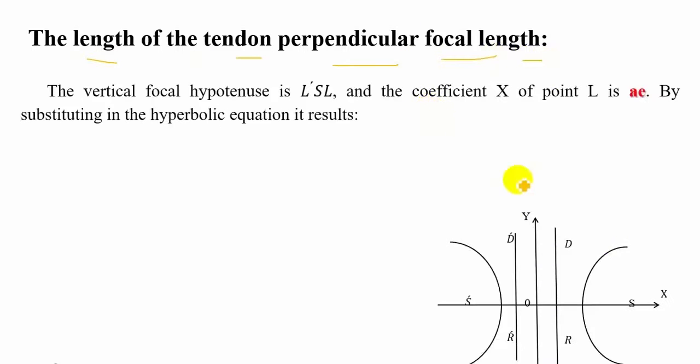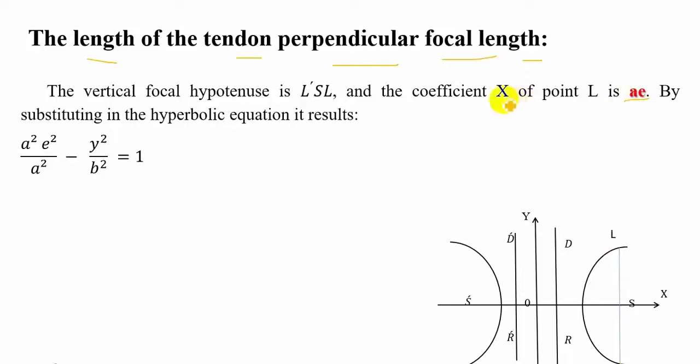It means I need to get that line which passes through that focus, has L dash and L as its ends, and passes through S. So the vertical chord is L dash S L, meaning this point and this point and this point, all that line, and the x coordinate of point L has distance ae.